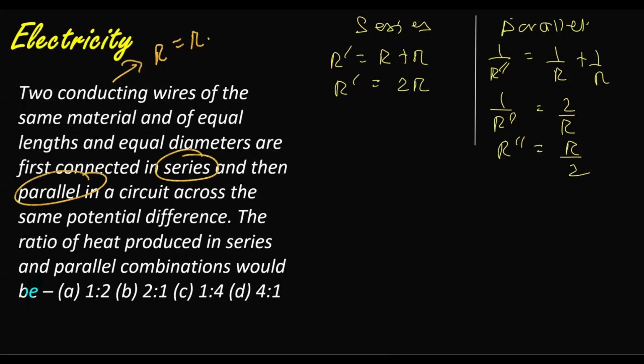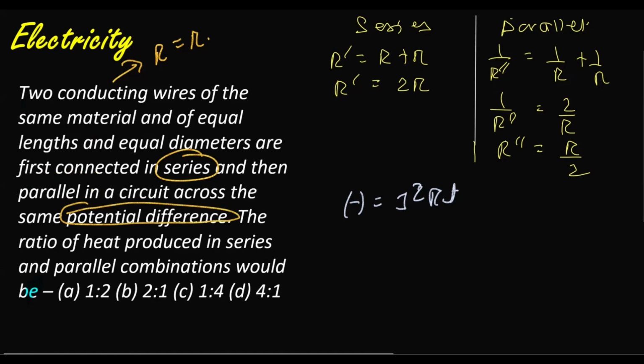Now, once we got the resistance in these two cases, what is next to do is to find the heat, right? What I've seen is that most of you apply H is equal to I square R T as the relation and obtain the ratio. That's not correct, because the potential difference is same here, not the current.